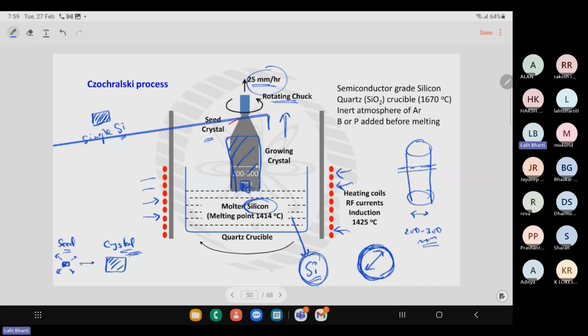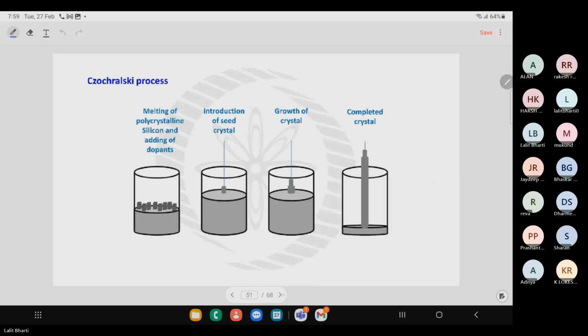So this is the Czochralski process. Again, it is shown here: you have melting polycrystalline silicon. Here the silicon is not crystalline; it is polycrystalline, or you can say amorphous, with atoms in random directions.